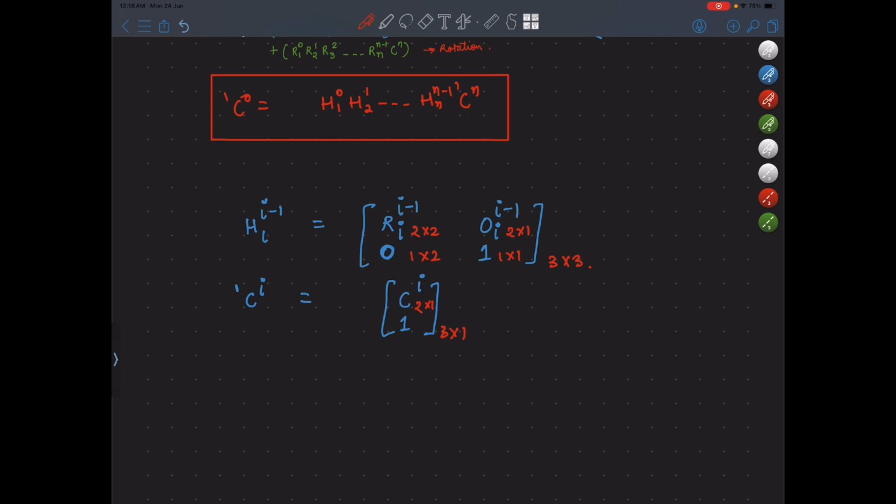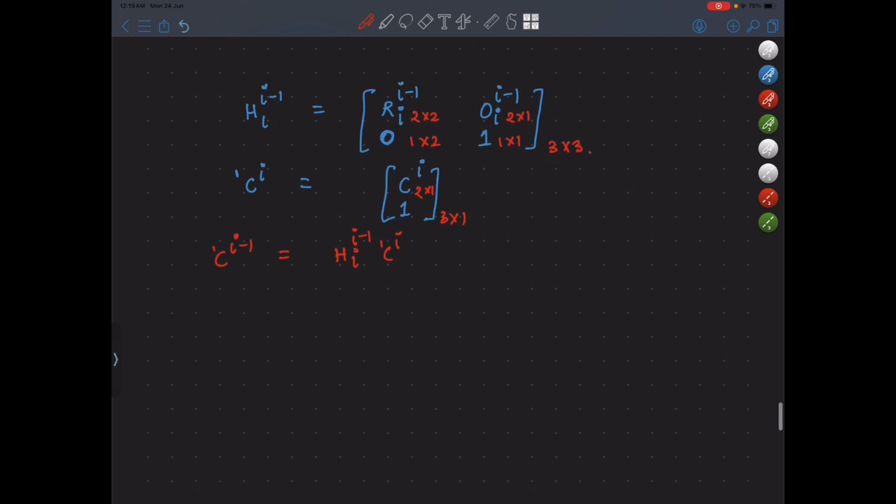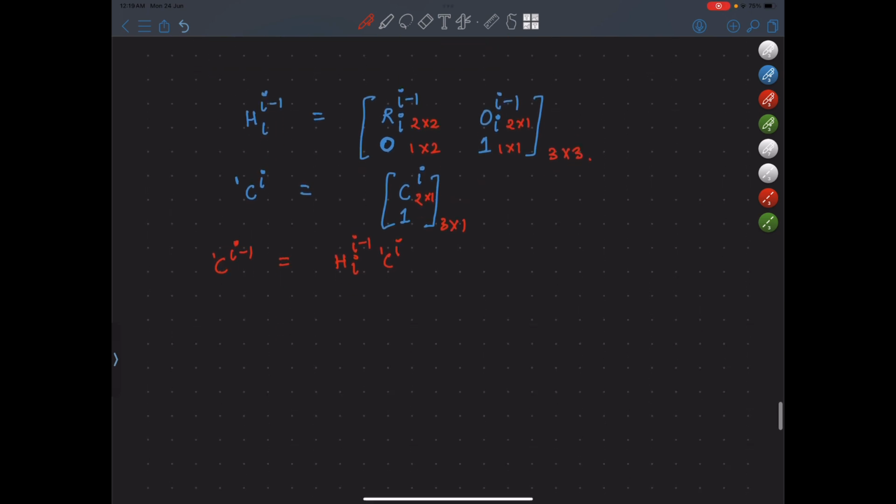So if you see, the formula can be written as C i minus 1 equals H i minus 1 i times Ci prime. Right. And if we expand it in a general sense, we'll get the same thing.